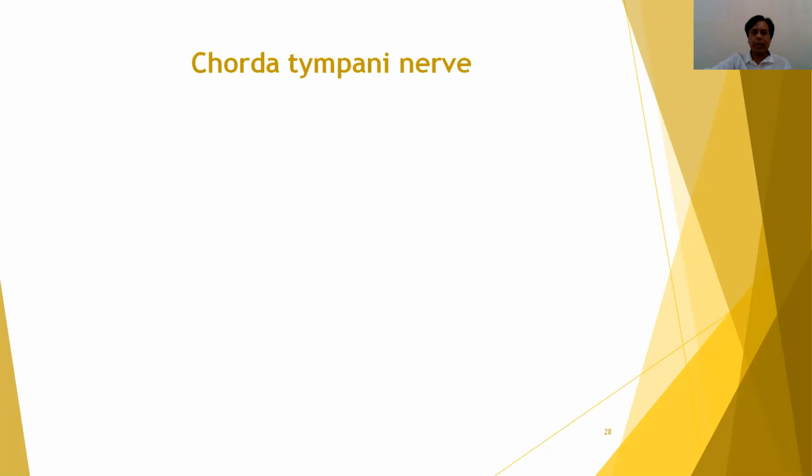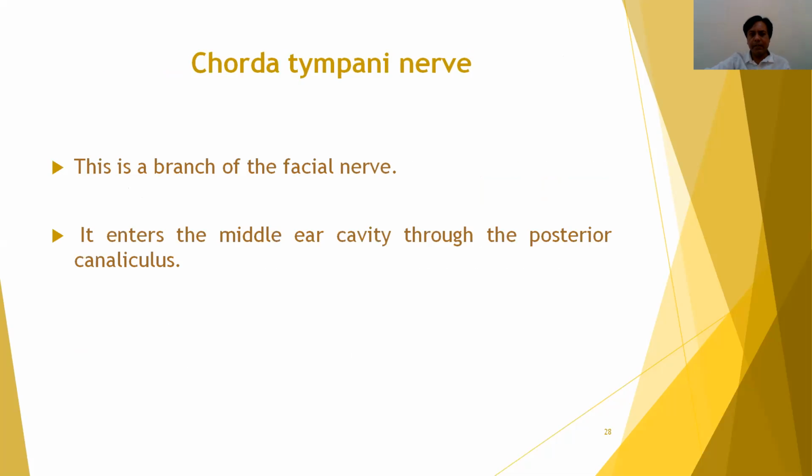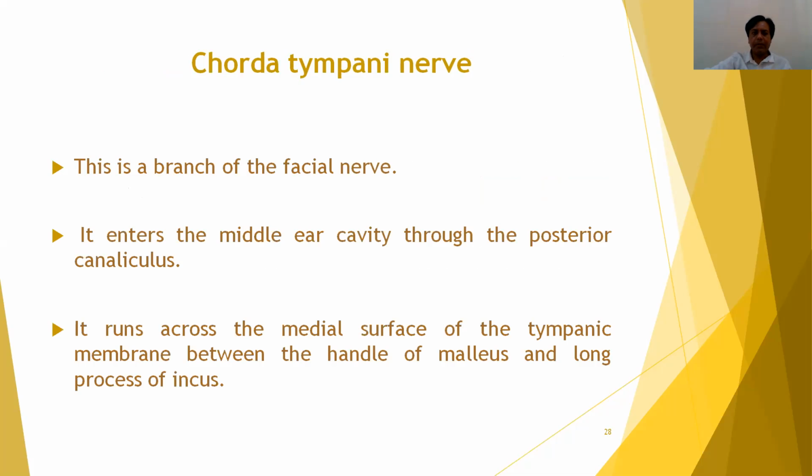Then chorda tympani nerve. It is a branch of facial nerve. It enters the middle ear cavity through the posterior canaliculus. It runs across the medial surface of the tympanic membrane between the handle of malleus and long process of incus.